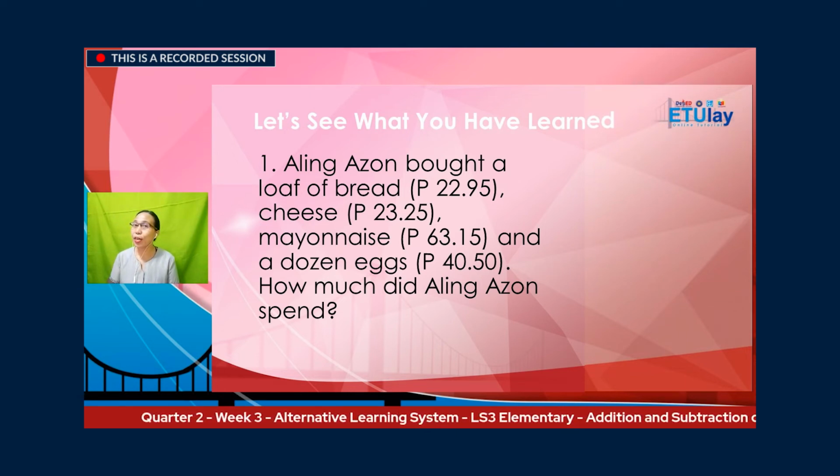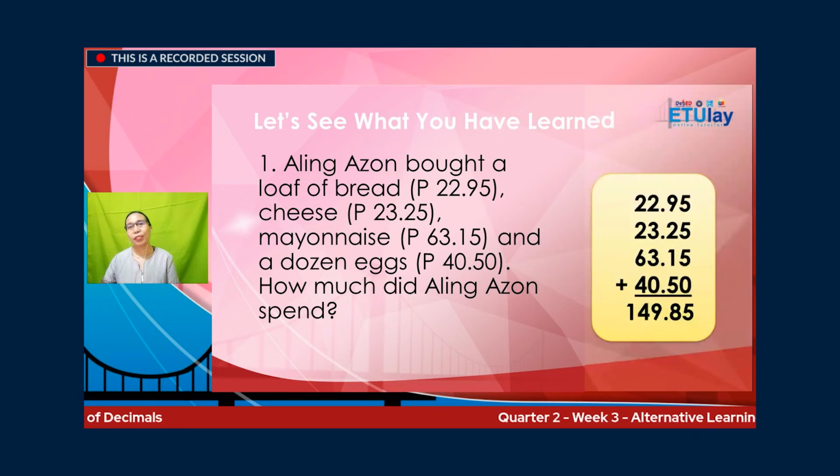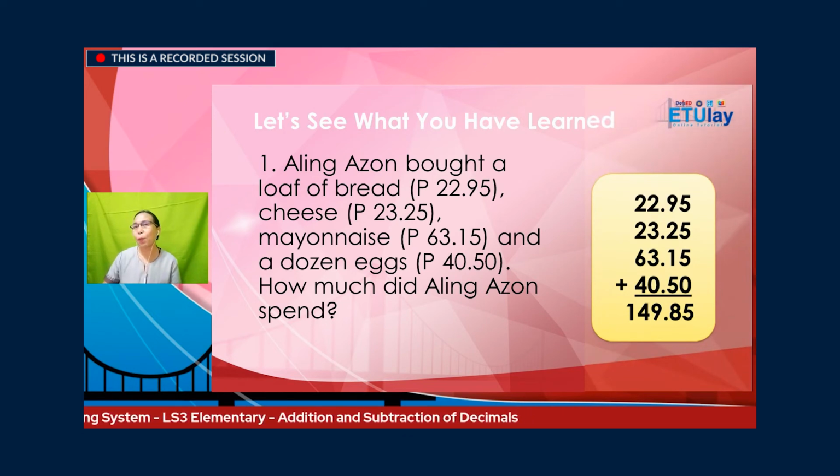Always remember the words how much. And the answer is 22.95 plus 23.25 plus 63.15 and 40.50 is 149.85.